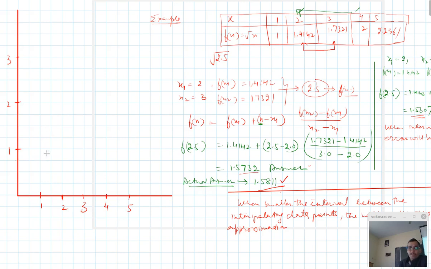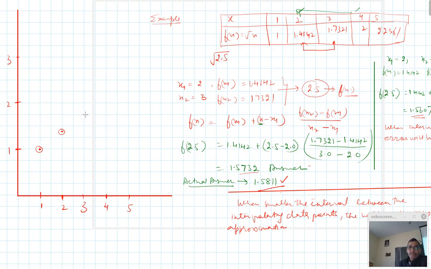So 1 will be lying somewhere here, and 1.414 is lying somewhere here, and 1.73 is where?